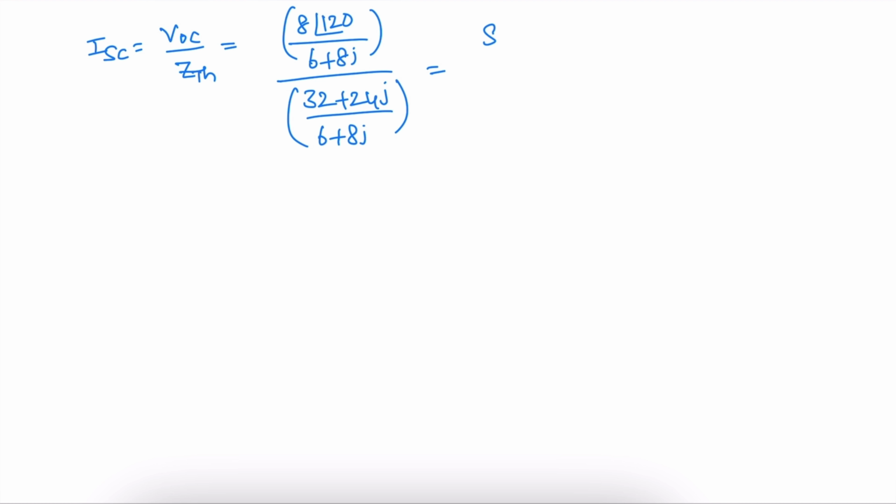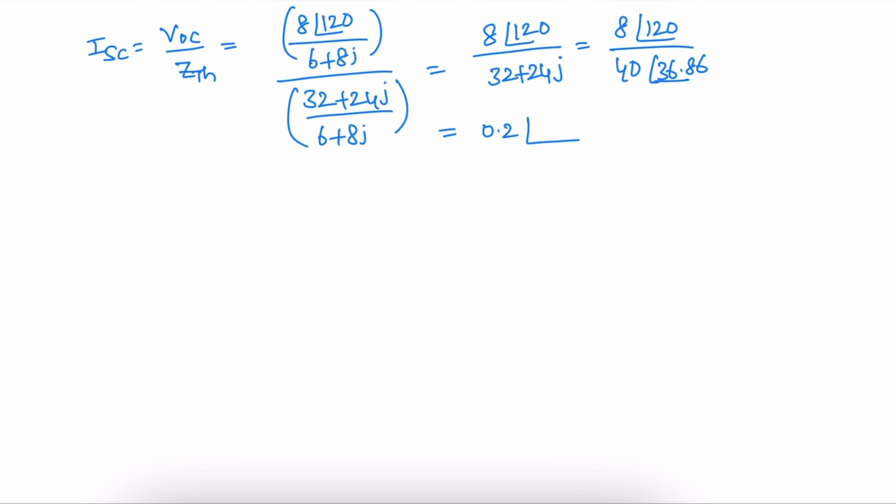So 8 at an angle of 120 by (32 plus 24j), which is 40 at an angle of 36.86. Its value is 0.2 at an angle of 83.13 ampere. This is the short circuit current.